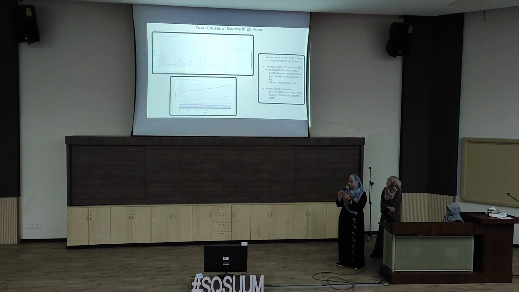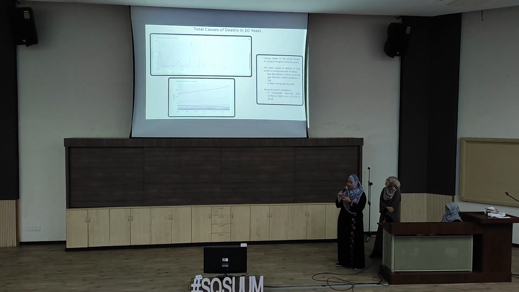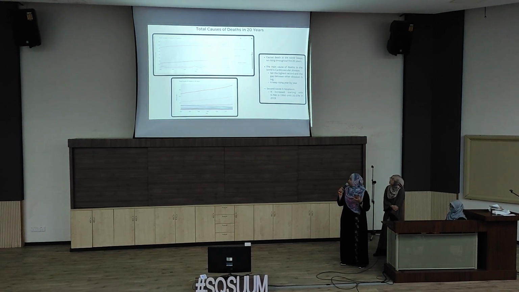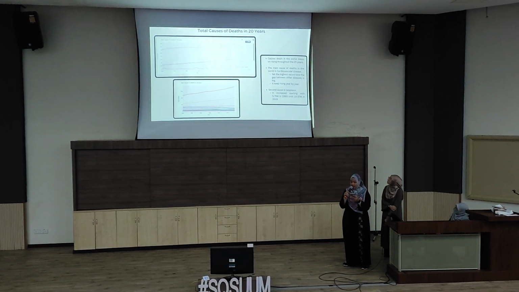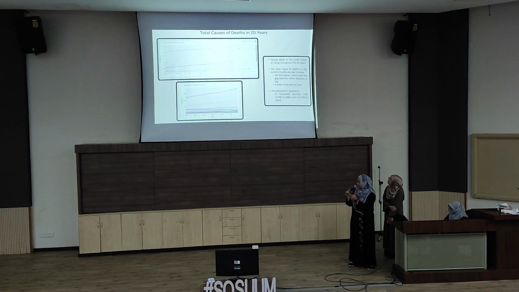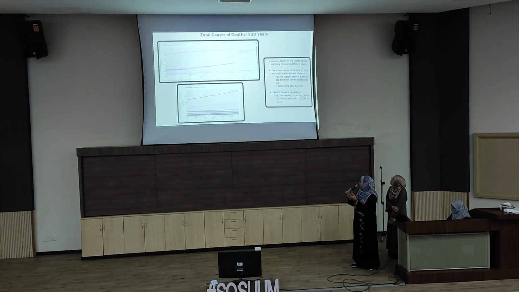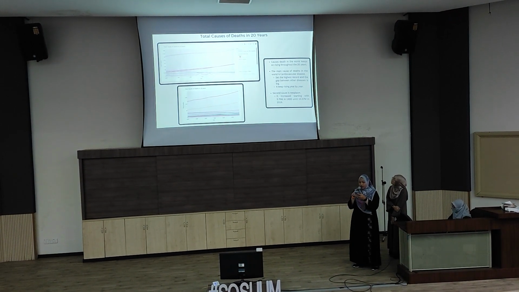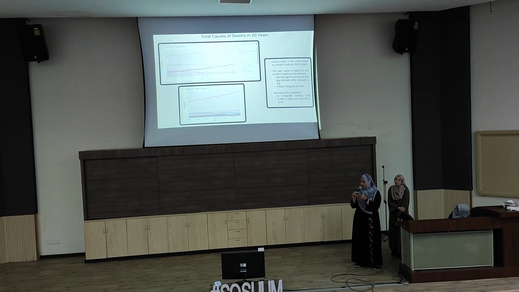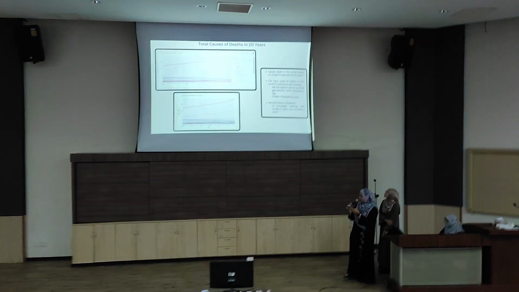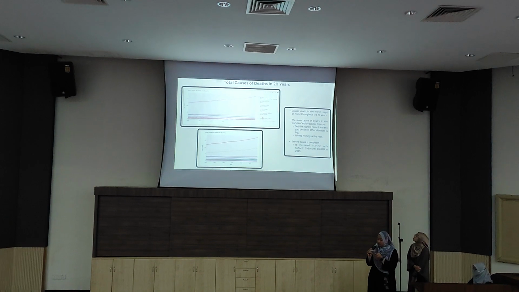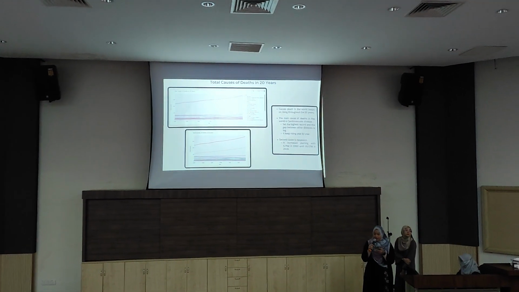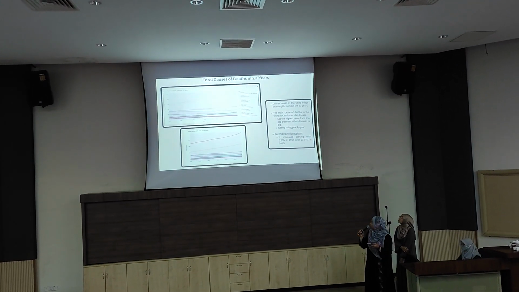The gap between cardiovascular diseases and the other diseases is big, and it keeps rising year by year. Second is neoplasm, with the yellow line. It increased from 5.75 million in 1990, and keeps rising until 2019 with 10.07 million total deaths.